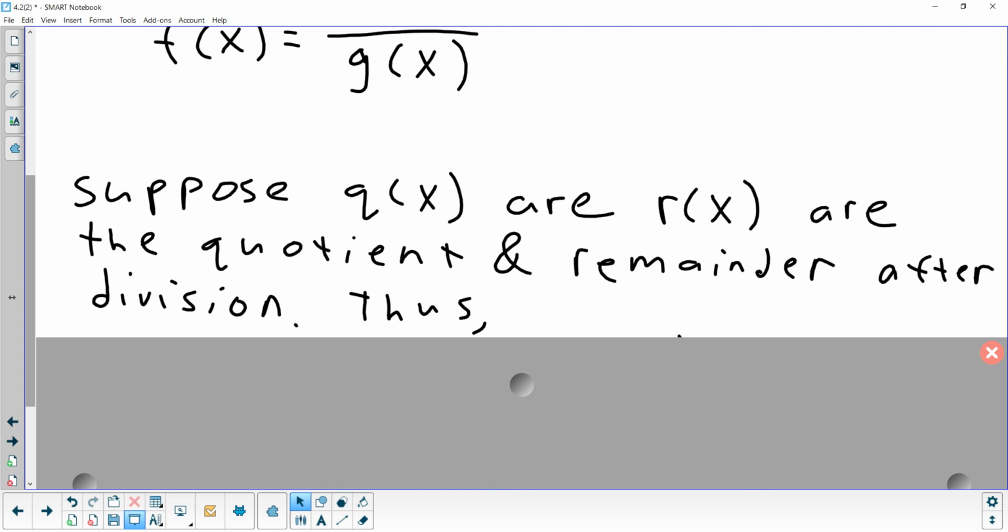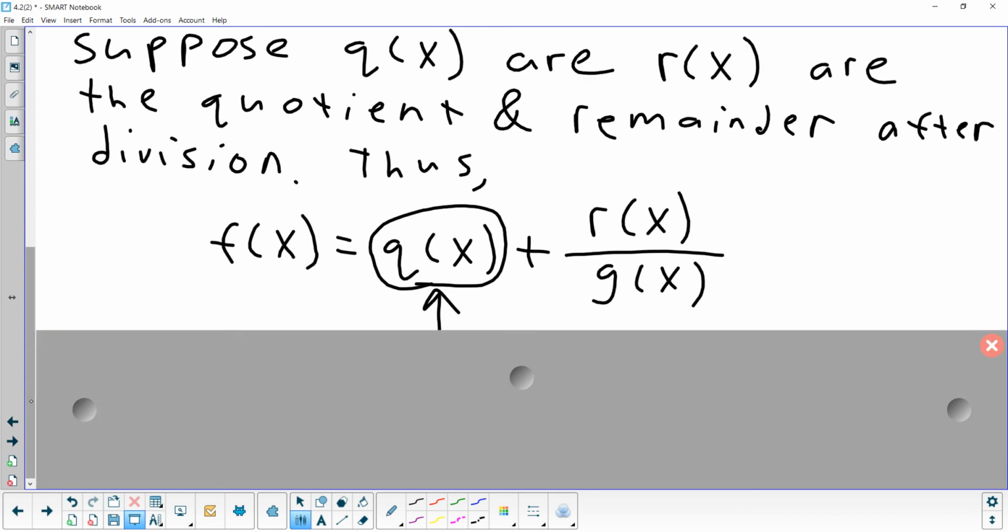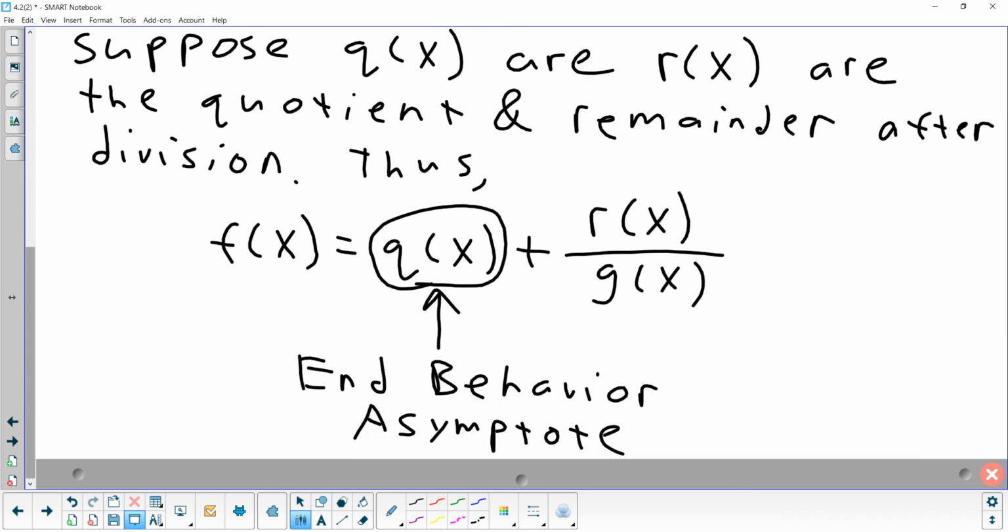Even if the remainder is 0, you still have something. And remember how I said we can write our answer: you can write it as quotient plus remainder over your original denominator. It's just another way to write an answer when you do long division. And we talked about that back in chapter 3. Well, the EBA is just the quotient part.